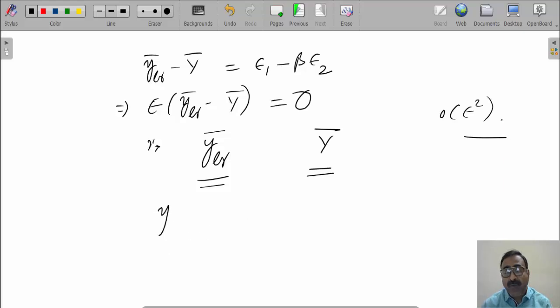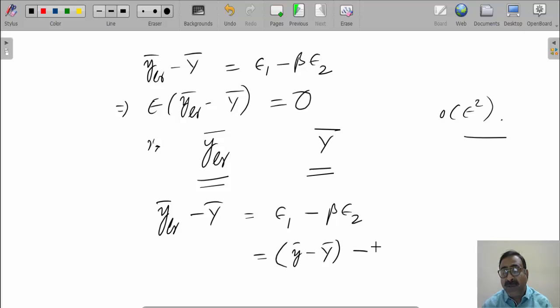Hence YLR bar minus Y bar equal to epsilon 1 minus beta epsilon 2, that is equal to small y bar minus Y bar, this is epsilon 1, minus beta, this is small x bar minus capital X bar.